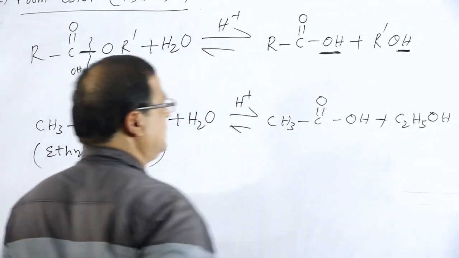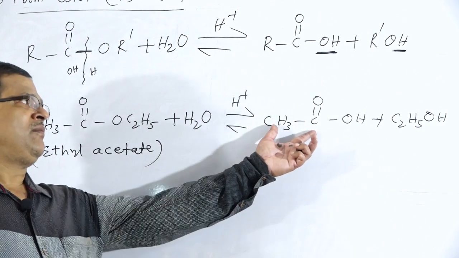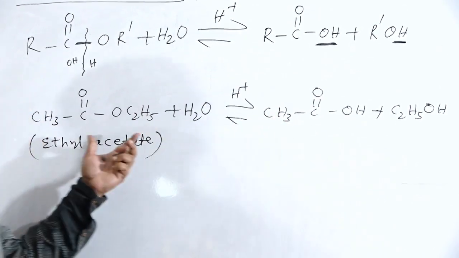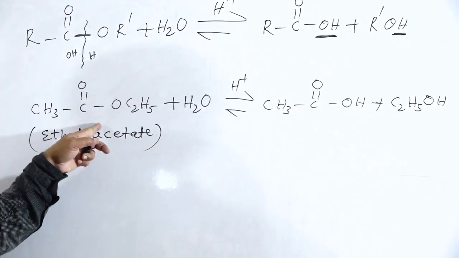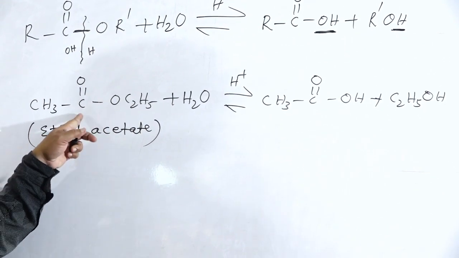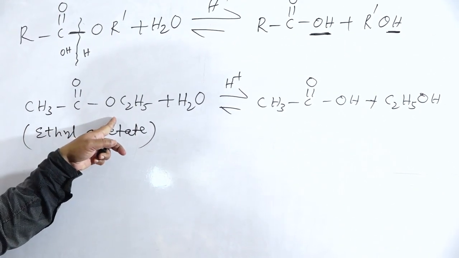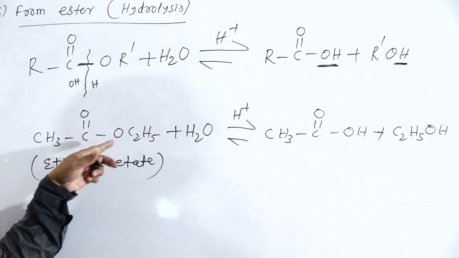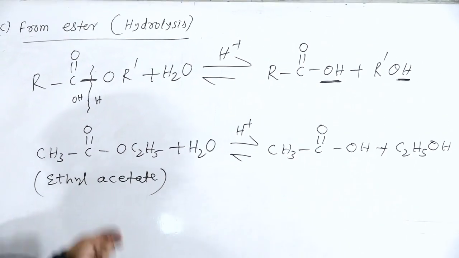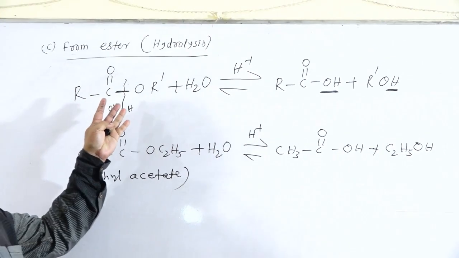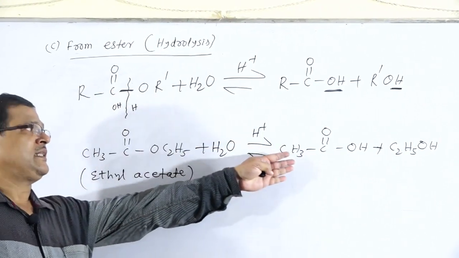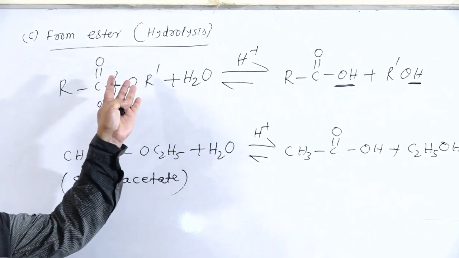So acetic acid will form and ethyl alcohol also. This bond will break by the addition of OH and H, OH to this side and H to this side, so that the formation of CH3COOH and C2H5OH. So this is regarding the methods of preparation of carboxylic acid from the hydrolysis of ester.